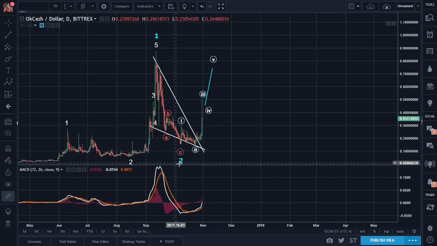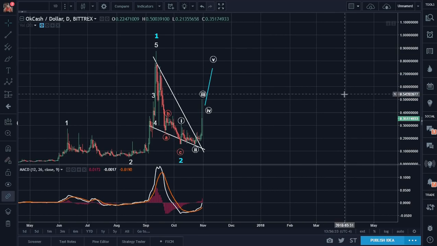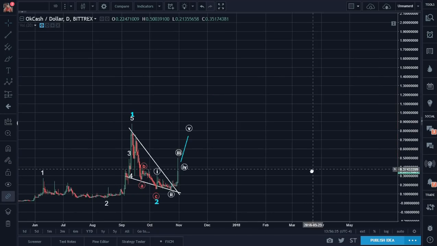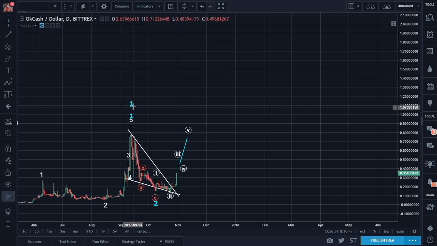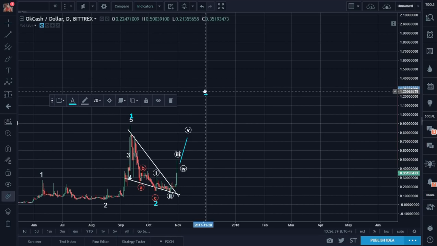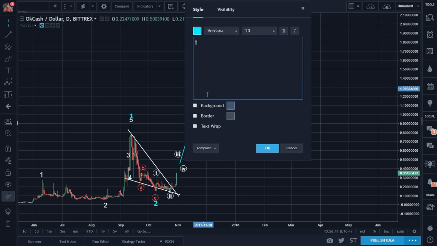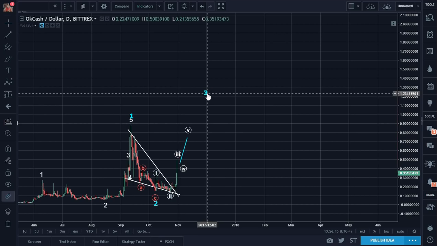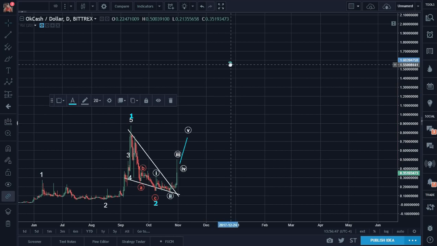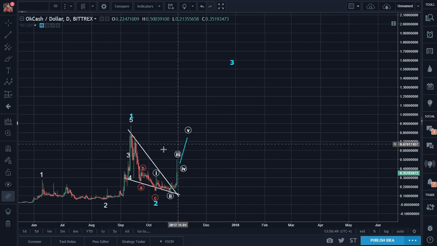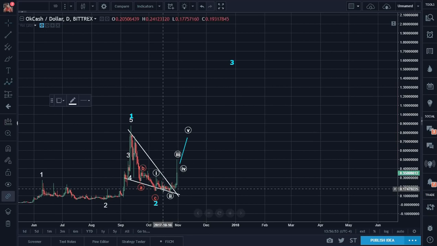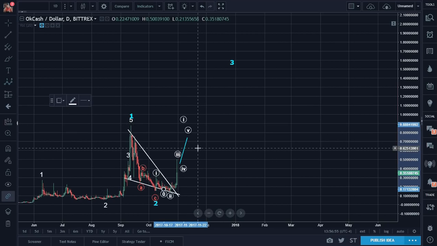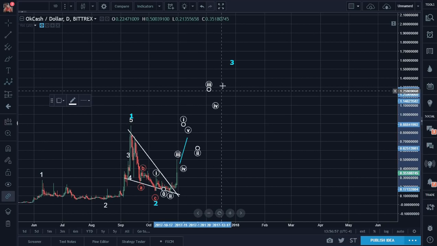will be wave 1 of 3. Like so. Oops, sorry. So you're looking at, and this is going to look a little bit messy, but what I'm doing here is 1, 2, 4, 5.